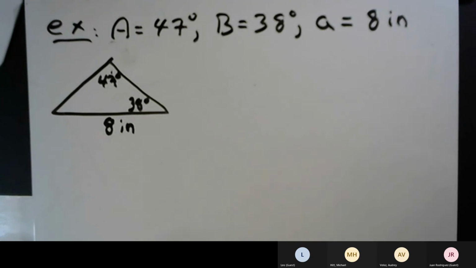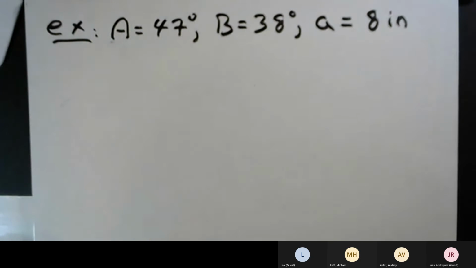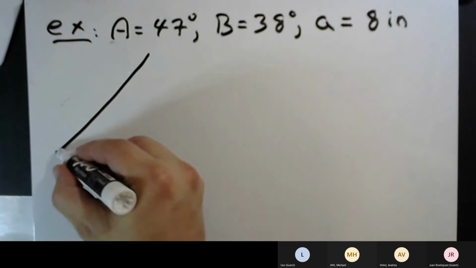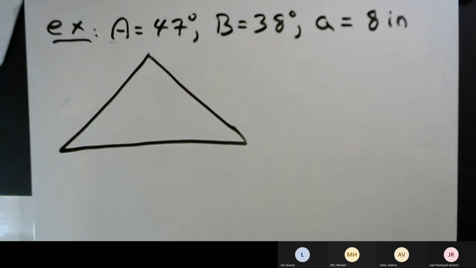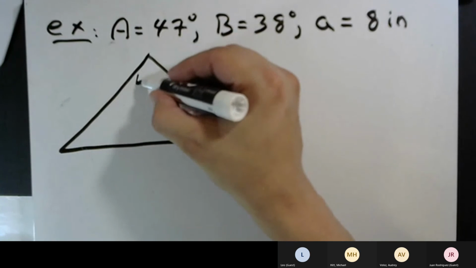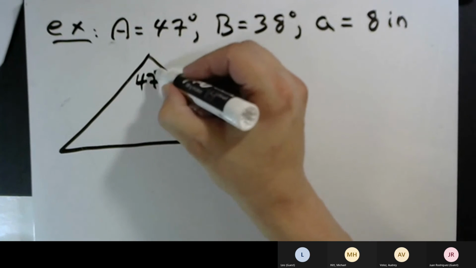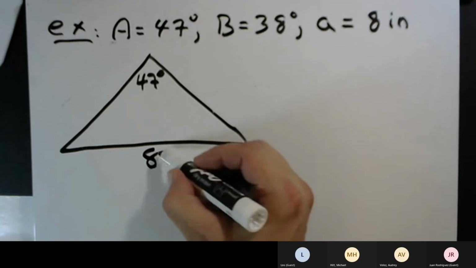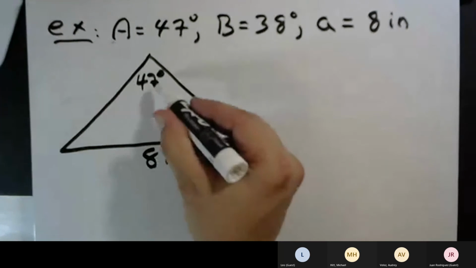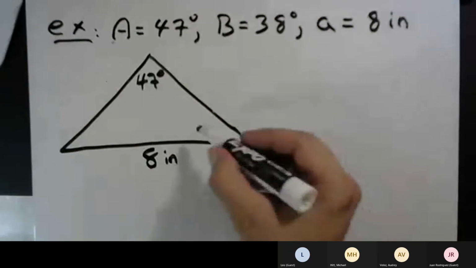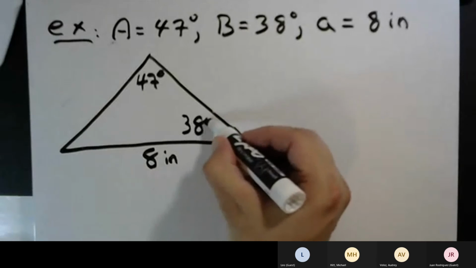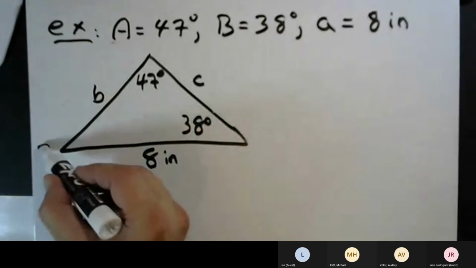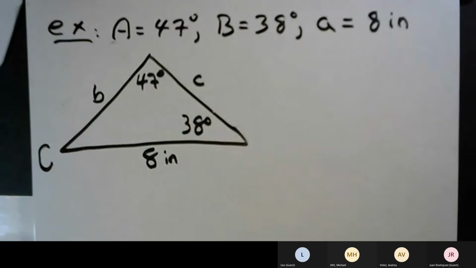Okay, I'm going to draw this bigger. This is 8 inches, side A, angle A. This will be 38 degrees. We're missing side B, side C, and angle C.